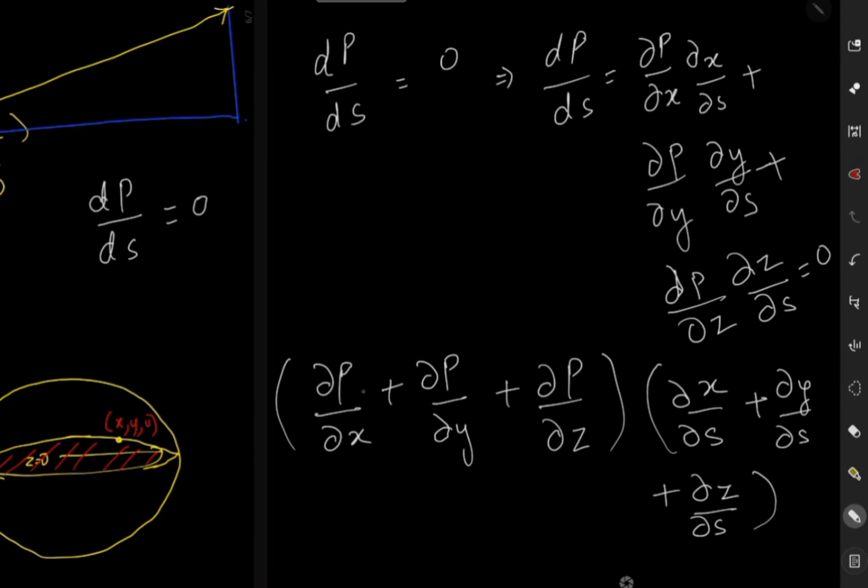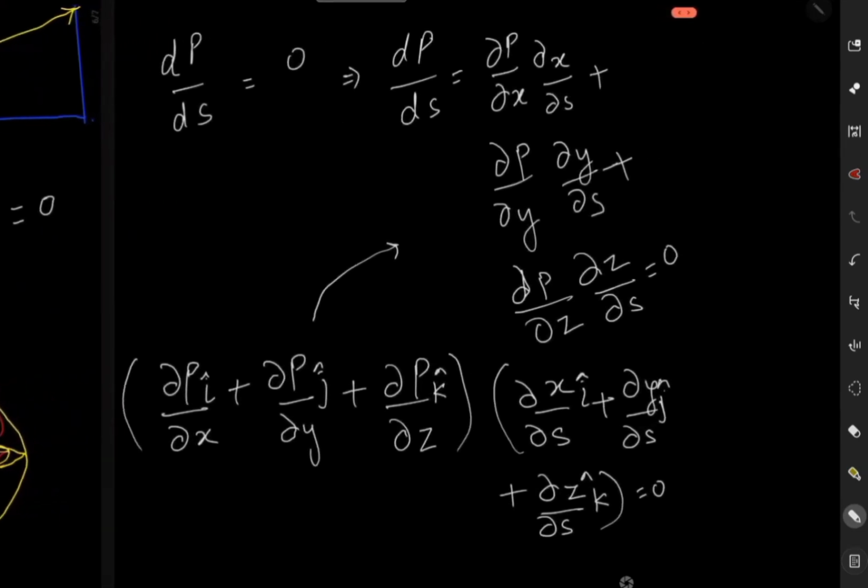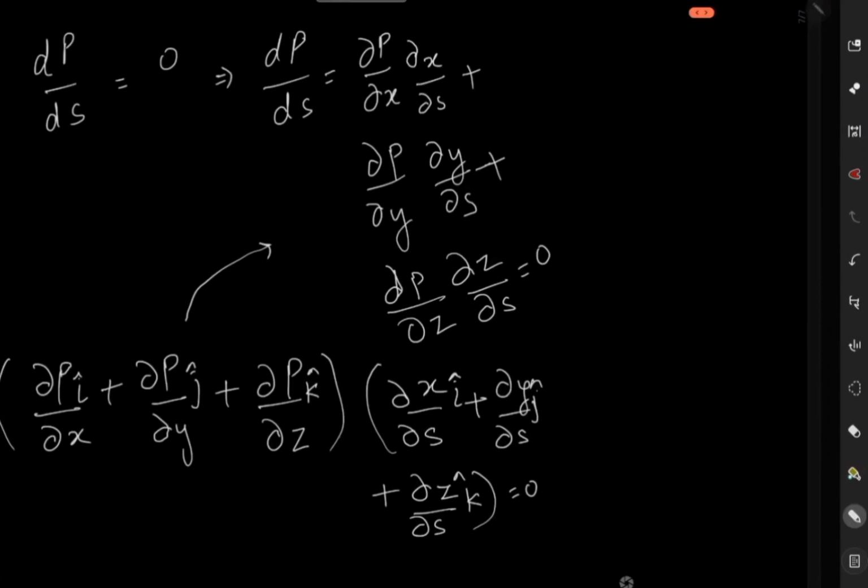So we have to multiply by i cap, j cap, k cap in both the brackets, so that when we multiply we get the same equation as above. Because if we multiply i cap by i cap, it becomes 1 and non-directional, just a scalar quantity. So we can write it in this way also.